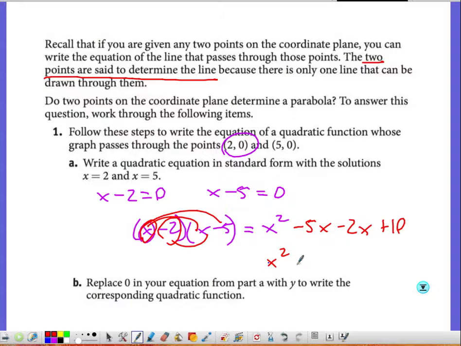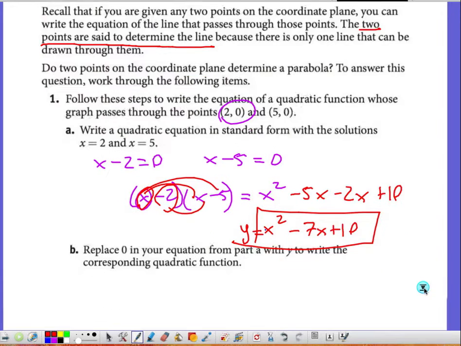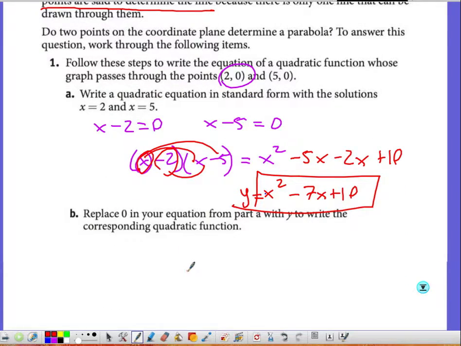So we have x squared minus 7x plus 10 is equal to y, or y is equal to this equation. Now it says to replace 0 in your equation from part A with y. Write the corresponding quadratic function. So that's what we have.